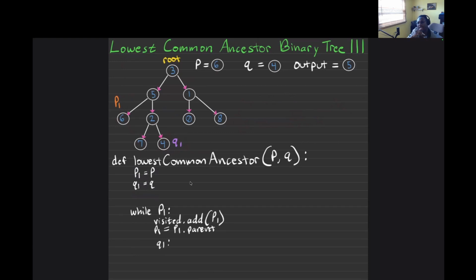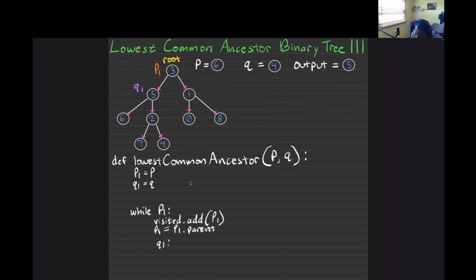And as long as they have a parent, we can keep going up, right? So P1 has a parent here, Q1 has a parent here. Are they equal to each other? They're not, right? So then we tell P1 to come up, Q1 to come up. Are they not equal to each other? They're not, right? So we still have work to do, okay? But the thing is, P1 doesn't have a parent.